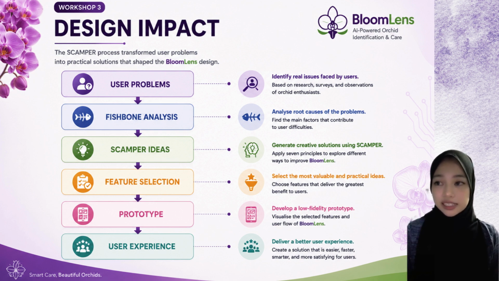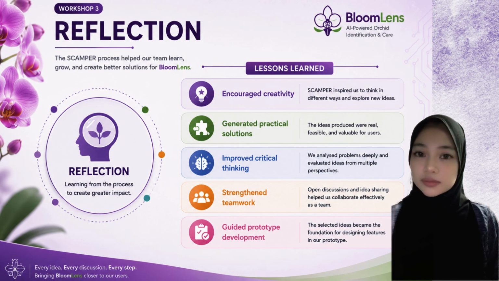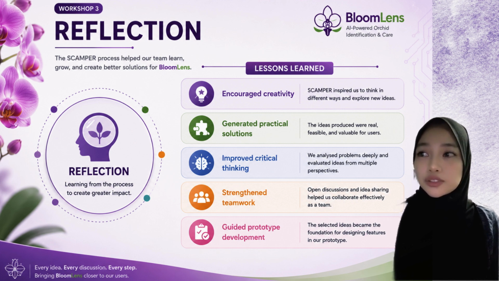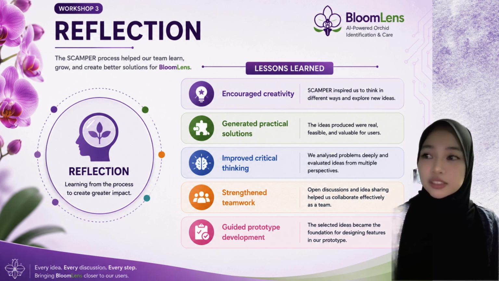These selected ideas directly influence the requirements and design of the Bloomlens prototype, ensuring the application addresses real user needs. The Scamper technique enabled us to convert user problems into meaningful design improvements, which became the foundation of our low-fidelity prototype.